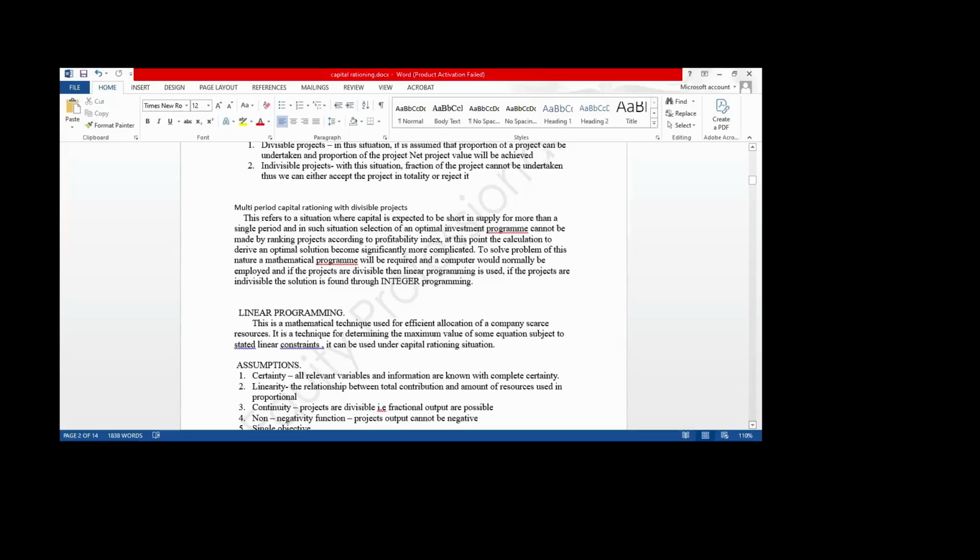That is if you are looking at divisible projects, but if the projects are not divisible, then you are going to look at integer programming. But this explanation is above your syllabus, so I'm going to stop it here.